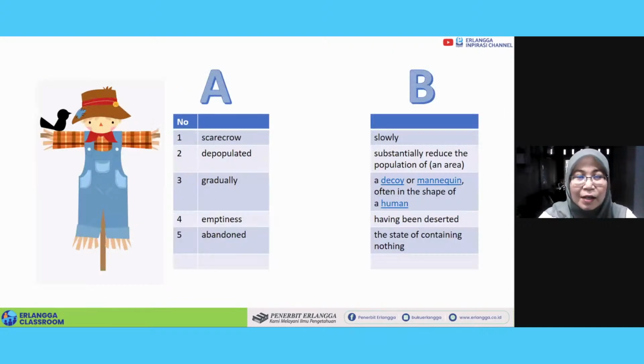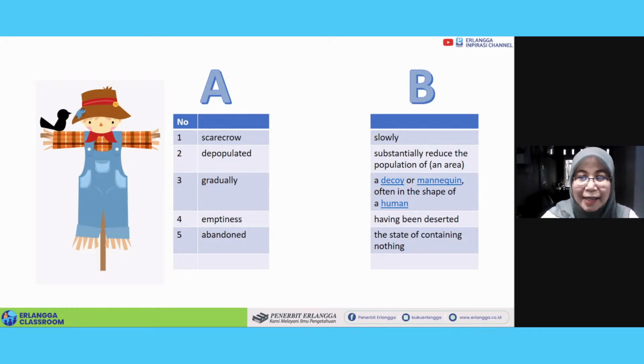Okay. As I told you that we are going to learn about descriptive text. Kita akan belajar mengenai descriptive text. But before we read the text about Nakuru village, we are going to learn some new words which you are going to find in the text.